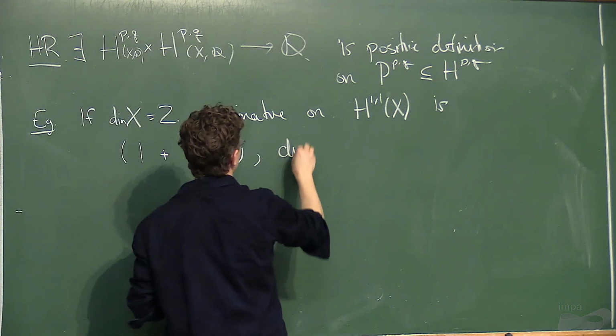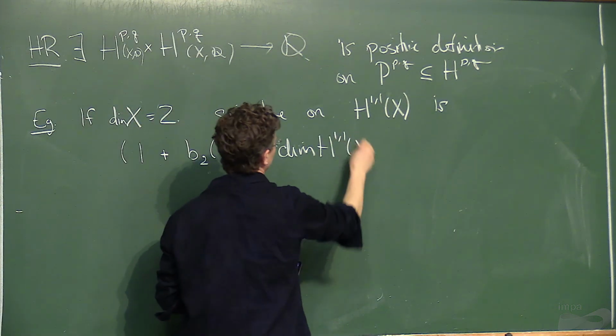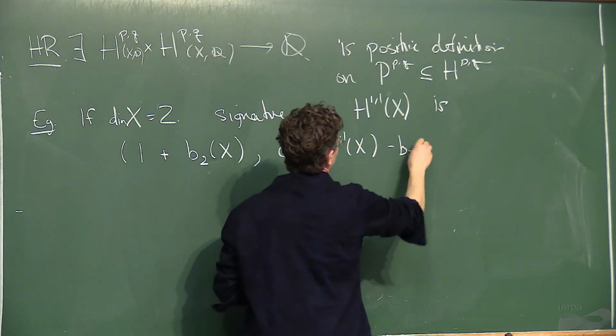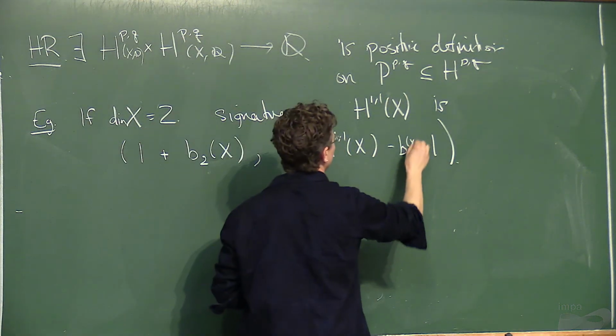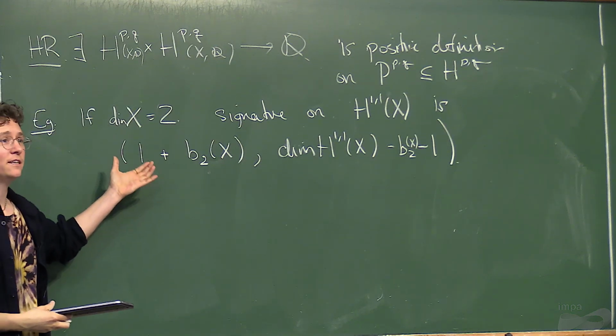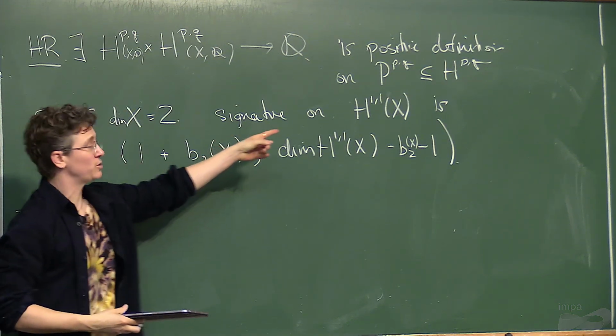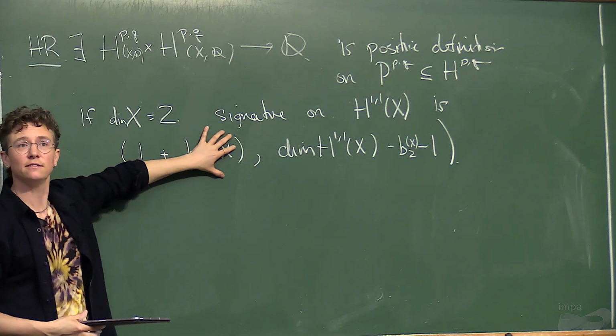That's how many positive eigenvalues you have, and this is how many negative eigenvalues you have. If you know the Hodge index theorem for surfaces, it says that the signature on H11 of a complex projective surface is 1 comma the rest.